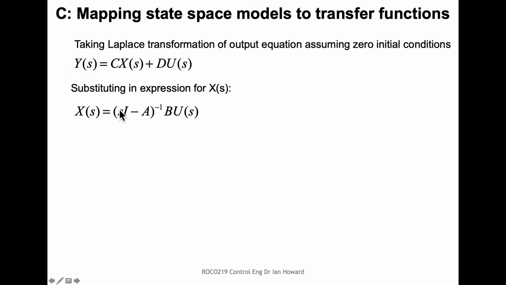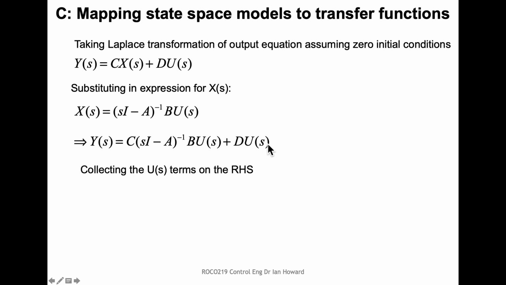We have this equation, and we substitute in what we just got for X(s), because we want to lose the X(s). We want an equation that only has u in it and y in it, so we can calculate the transfer function. So we substitute (sI minus A) to the minus 1 B U(s) in here, so we've got C multiplied by this lot plus D U(s), right?